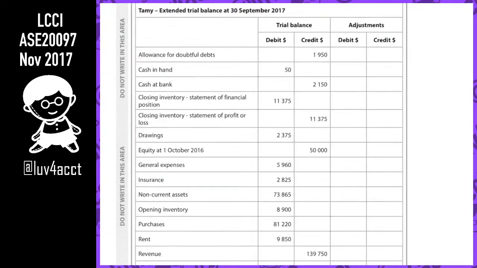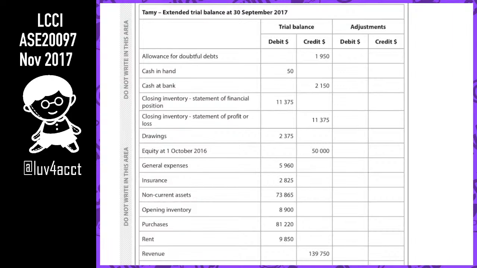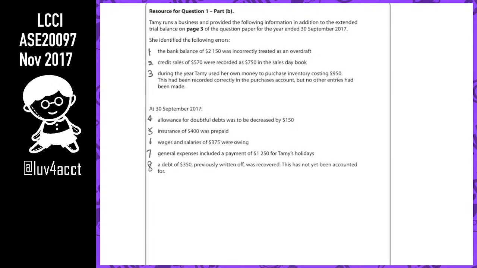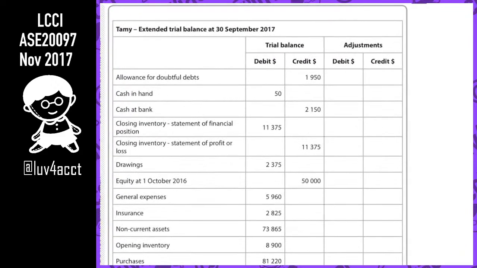We can see cash at bank 215. Let me see again. So the correct amount is a positive balance. It was treated as an overdraft, so it should go back to the debit side.